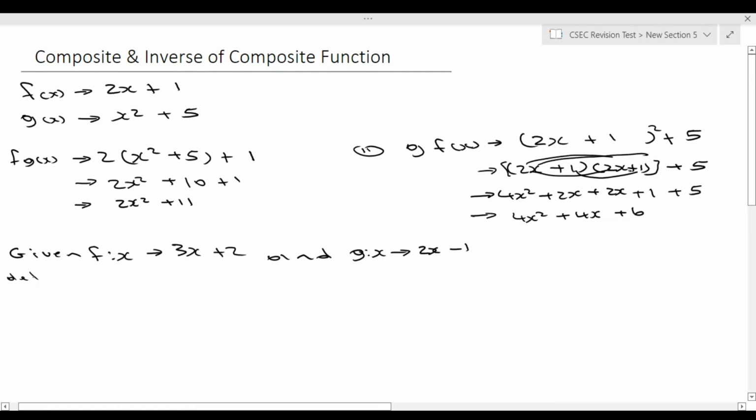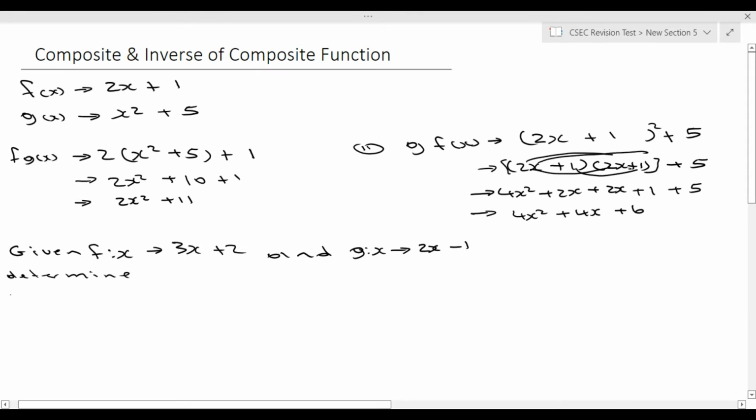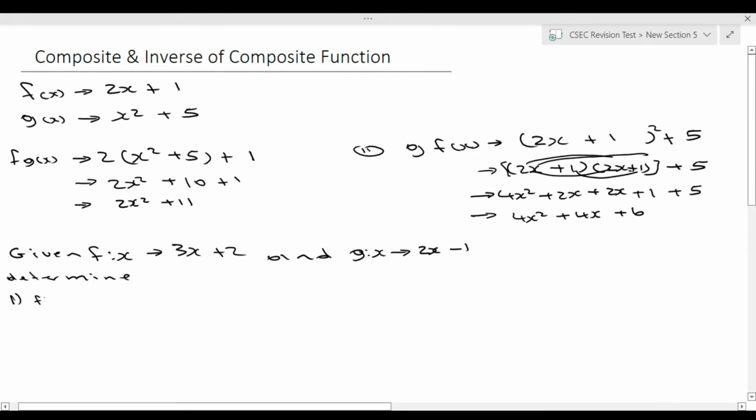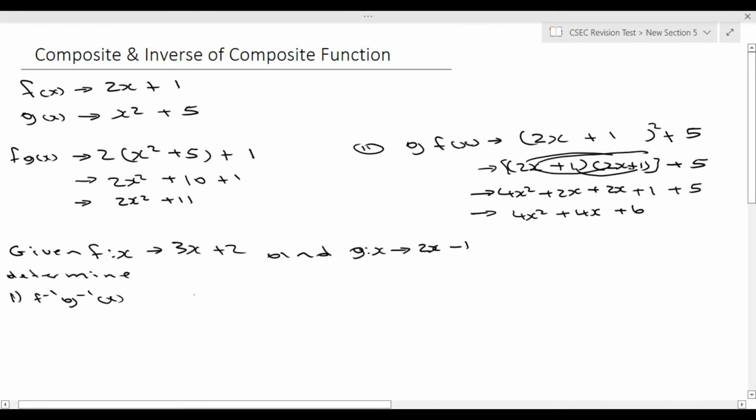We are to determine f inverse, g inverse of x.